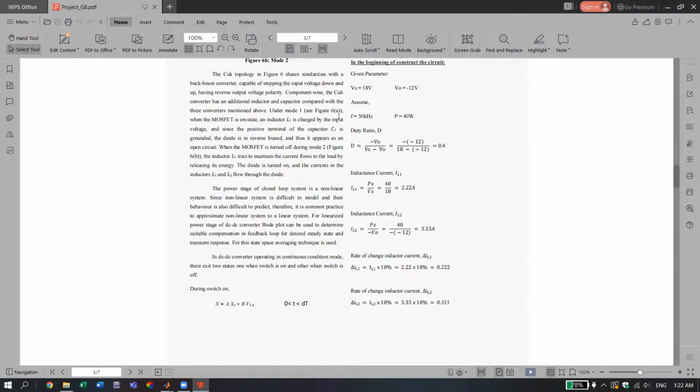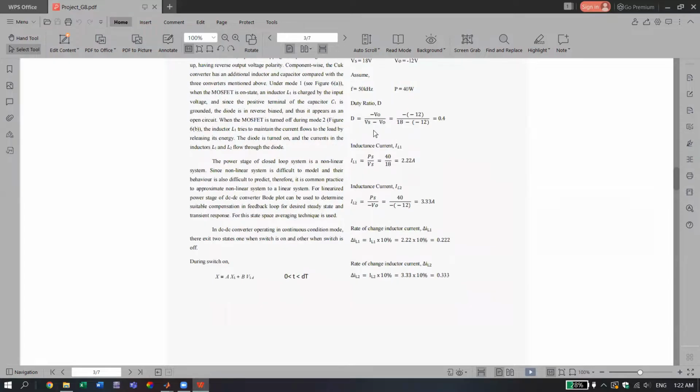And we assume a frequency of 50 kilohertz and power of 40 watt. For the duty ratio, we will use the formula D equal to negative Vout over Vs minus Vout. So we get 0.4.